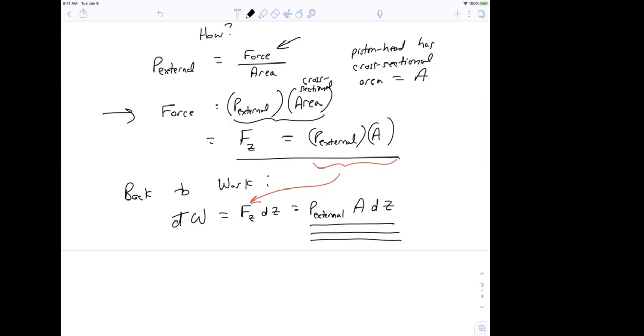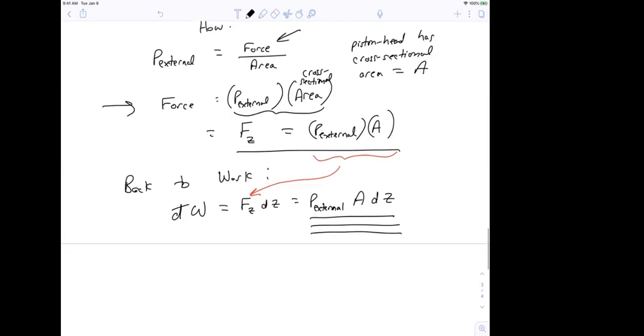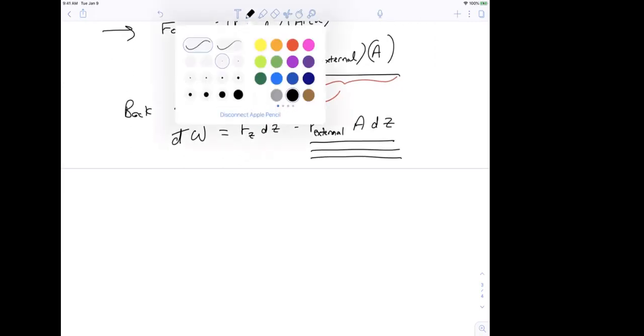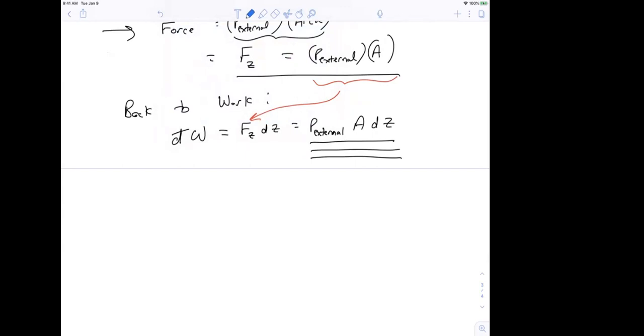So that's good because this is something that we can control. It gives us a handle. It allows us some control, and that's what we want. It's no longer a general thing, but it's now becoming more specific. The other thing I want to think about here is this A dot dz. We can actually simplify this.